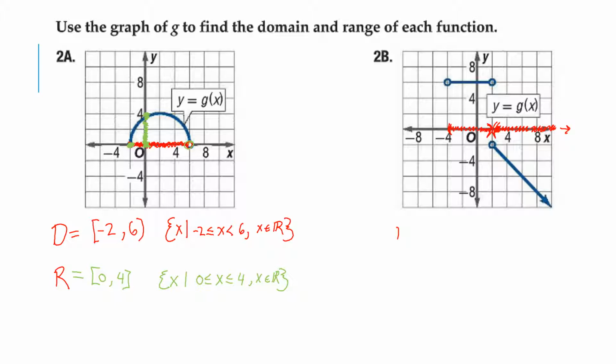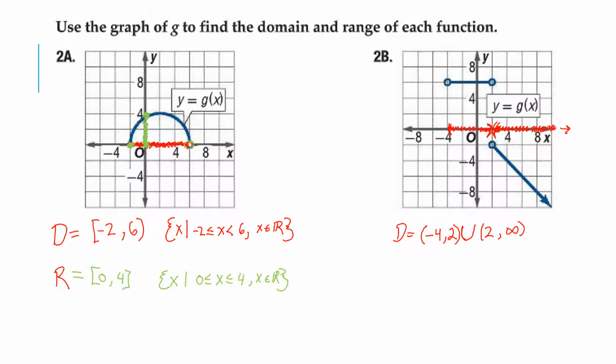So my domain equals, in interval notation, I need to say from -4 to 2, and then I need to do the union of 2 to infinity.